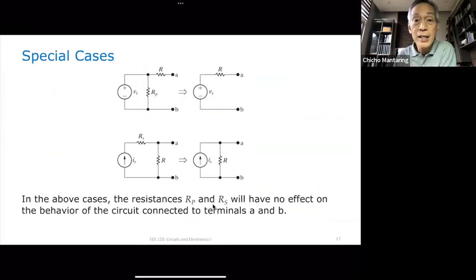Special cases, and I discussed this the last time we met, in the example that I gave.